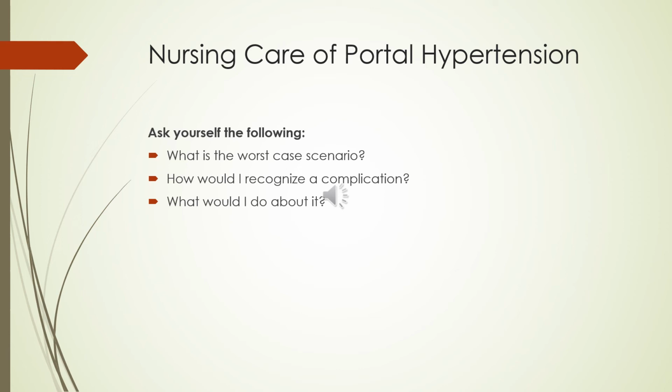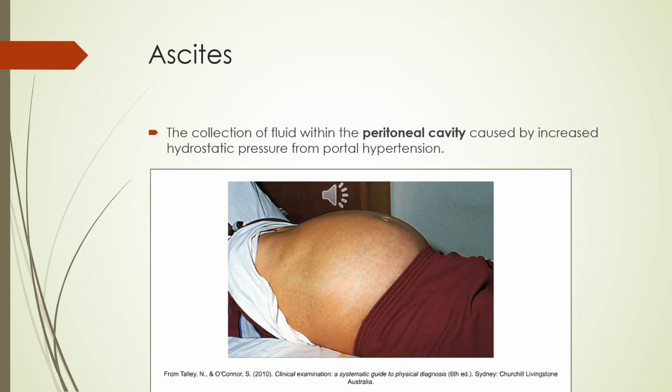And again, one of the most important things you can do is pick up on signs and symptoms early and recognize those signs and symptoms of deterioration. Ascites is listed as one of the complications. I kind of look at it as also maybe a sign and symptom that we're looking for. However, ascites in itself has so many problems, that's why it's considered a complication.